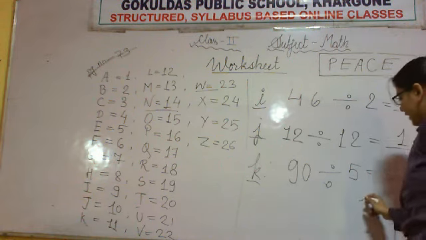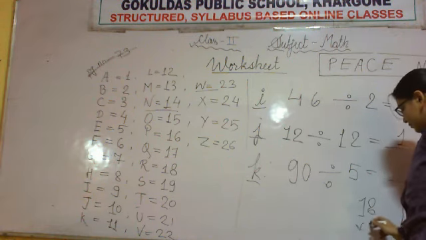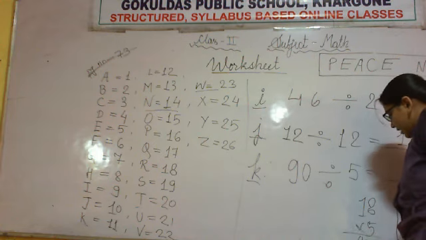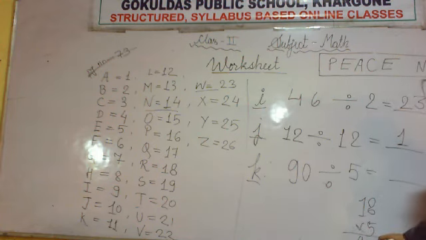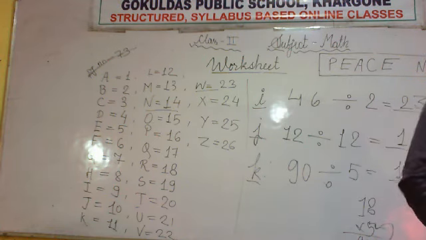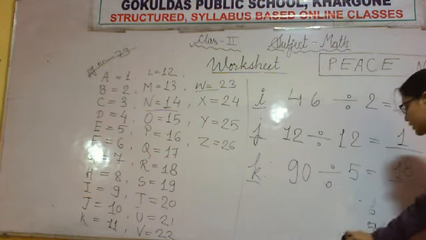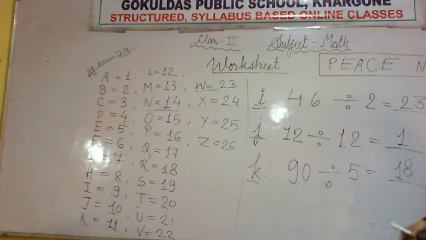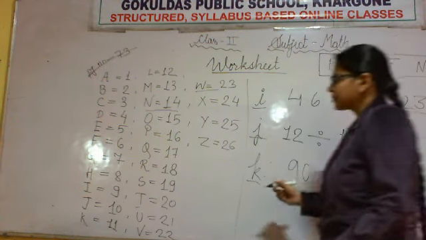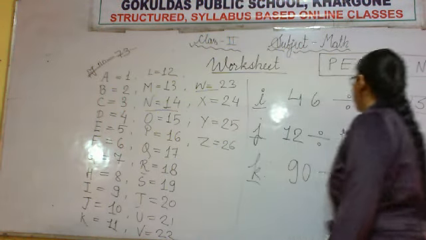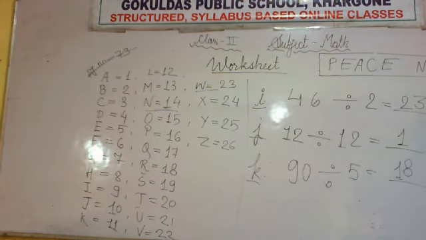If we multiply 18 by 5, we will get 90. So if we divide 90 by 5, we will get 18 as the answer. So 90 divided by 5 is equal to 18. So for number 18, letter R is there. So the next letter in the message is R.